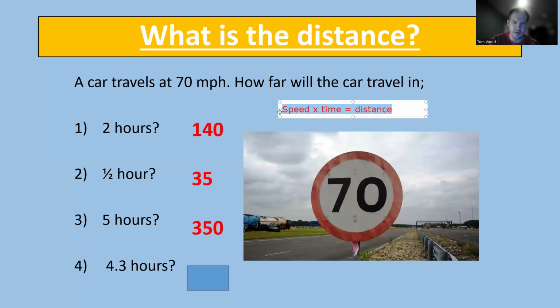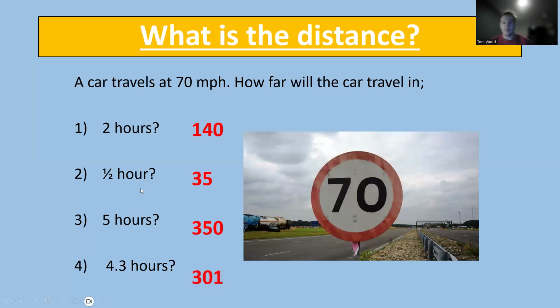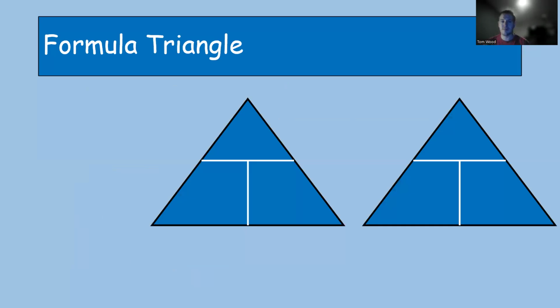It is out of 60 and not out of our conventional tens or hundreds. But these are all the answers there. We have now derived our formula. So what we can now do is make this even easier. So like I mentioned previously, you will need to be able to derive either a distance, a speed, or a time.